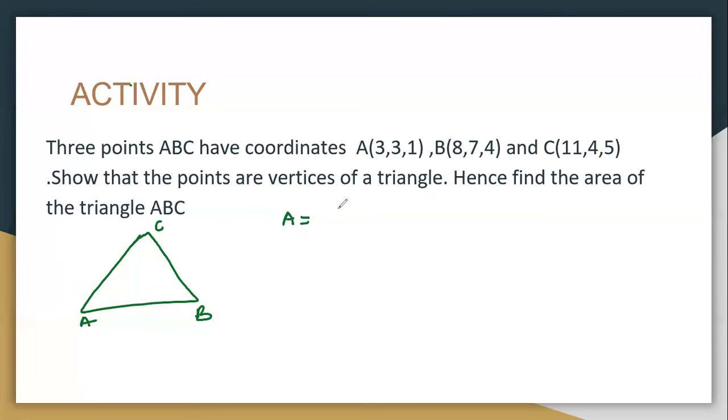What we are going to do is that area is equal to a half, for me, I've considered a half magnitude of AB times CB. Why? Because I've considered what is your reference point?